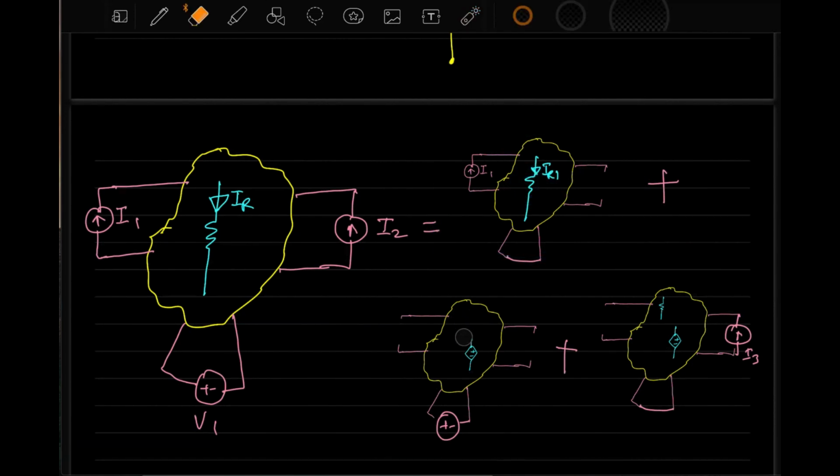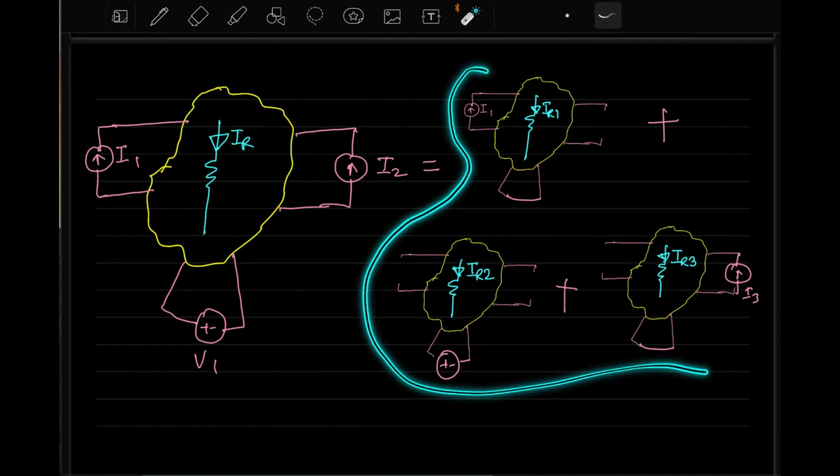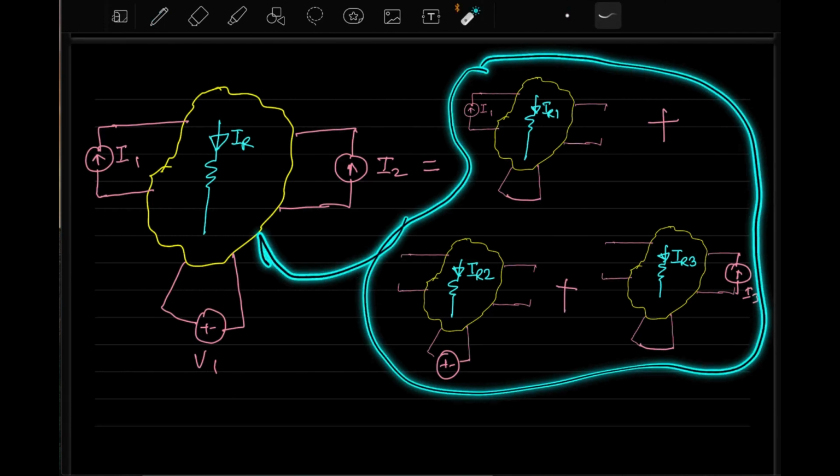Then in the second configuration, we are opening both current sources and applying the voltage source. So in that configuration, the current flowing into this resistor will be IR2. And in the last case, when the voltage and current sources are short circuited and the last current source is acting, in that case we will say the current flowing in this resistor is IR3. So as you can see now, the summation of all these three different circuits is equivalent to the original circuit.